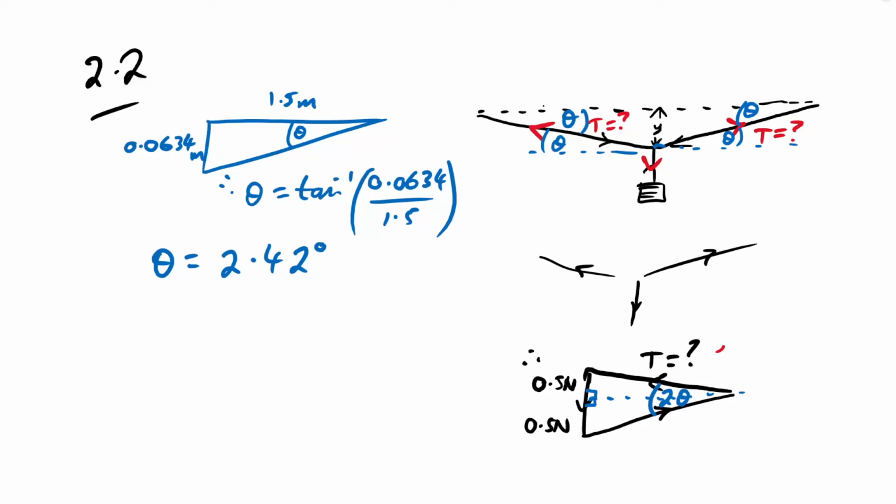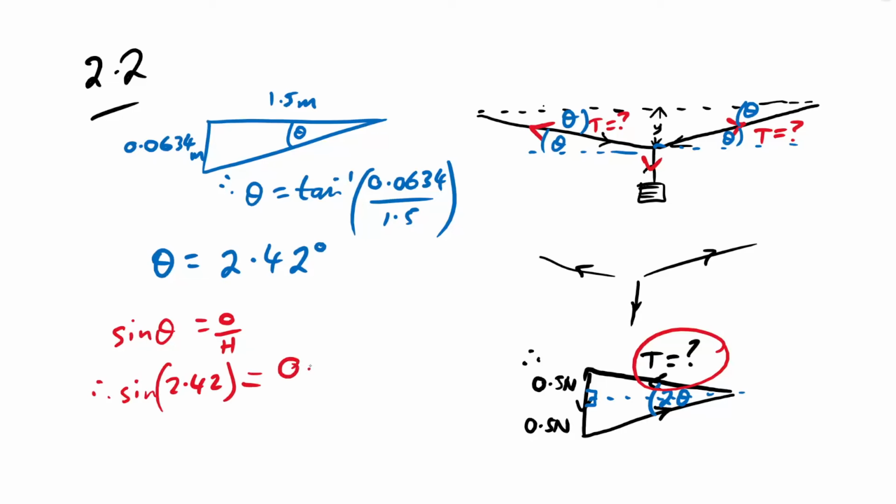So therefore, going back to our forces here, we can say that we have this time the opposite and the hypotenuse. So we can say that sine theta is equal to opposite over hypotenuse. So therefore, sine of 2.42 degrees is equal to 0.5 divided by our unknown tension.